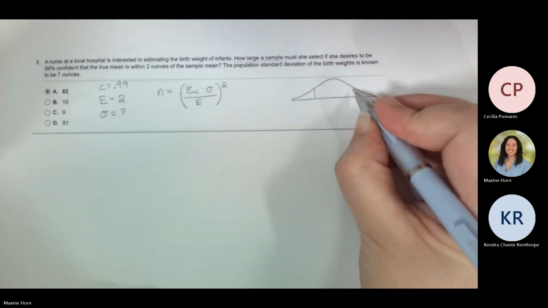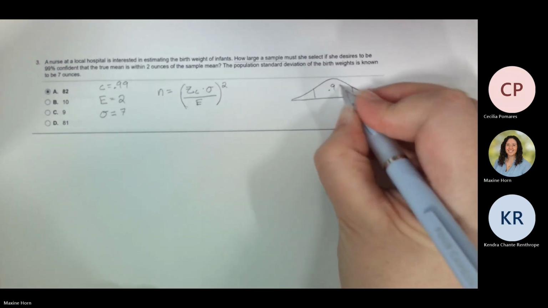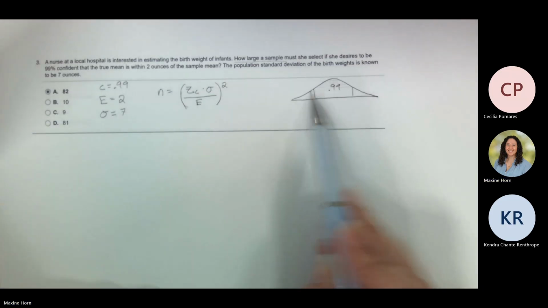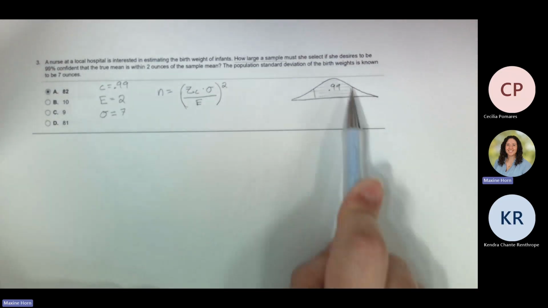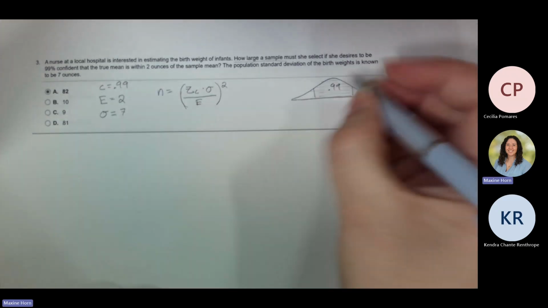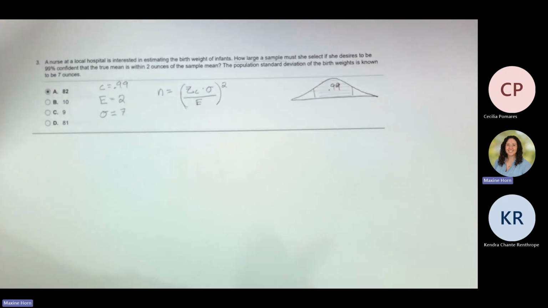So this middle area is 0.99, not the whole area to the left, just the area in the middle. That's different from what we had in previous chapters.